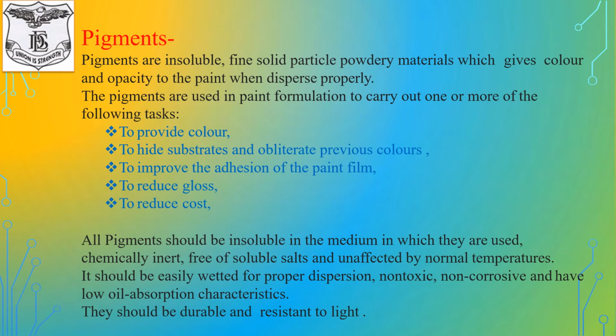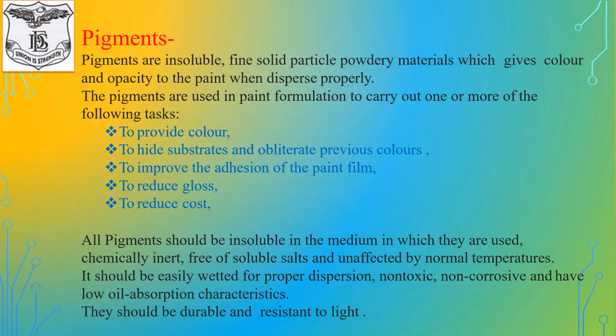So it must be properly dispersed. For proper dispersion, we sometimes use wetting and dispersing agents. The pigment must be non-toxic, non-corrosive, and have low oil absorption characteristics. If the pigment has a higher oil absorption value, we have to add more binder to provide better adhesion, and it requires paying a higher cost. So the pigment must have low oil absorption.